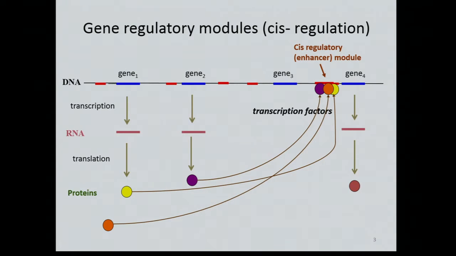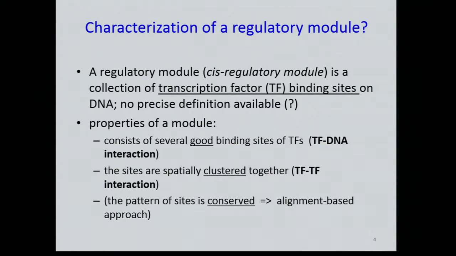So here is a schematic picture of what gene regulation is. No need to comment on that in this audience too much. A regulatory module is a collection of transcription factor binding sites on DNA.